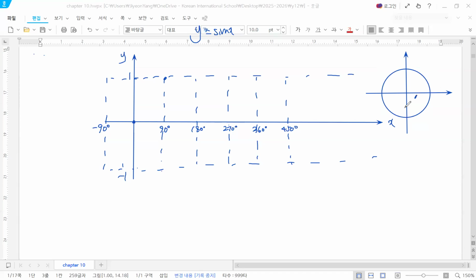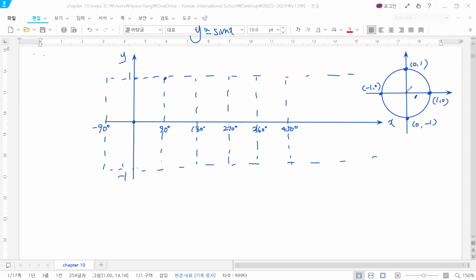It doesn't matter because trigonometry is about ratio. No matter what the radius size is, the ratio is always the same. So this coordinate is (1, 0). This coordinate is (0, 1). This coordinate is (-1, 0). This coordinate is (0, -1).